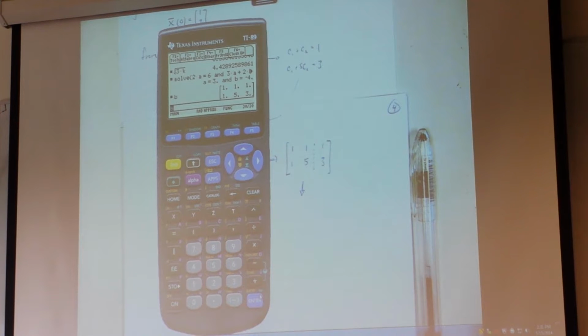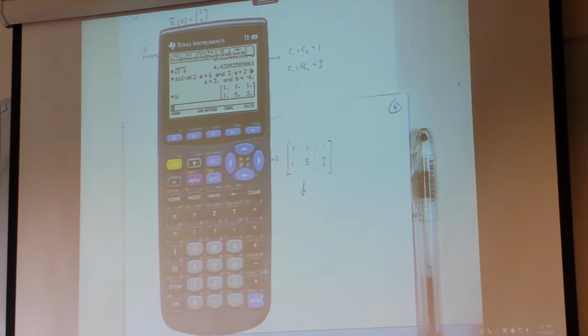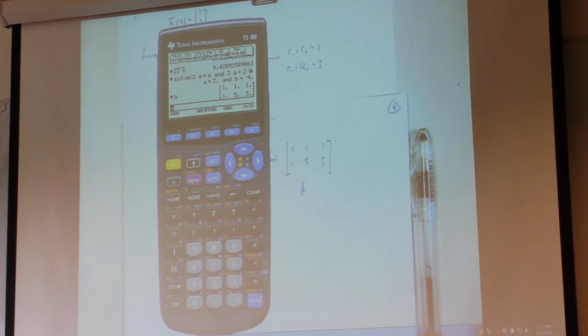Okay. So this equal sign is like this bar in the augmented matrix. So what we're doing is, you can take away these dummy spaces. I can really just operate on the coefficients. I have 1, 1, 1, 1, 5, 3.